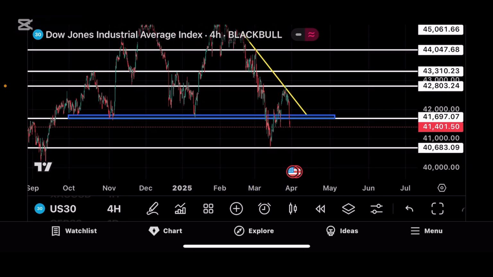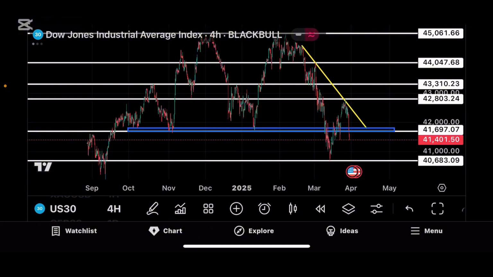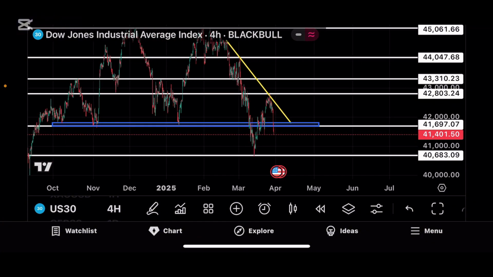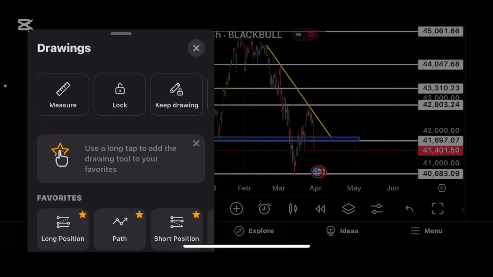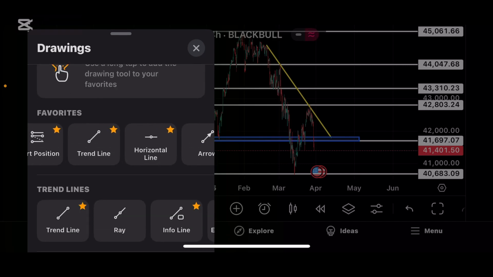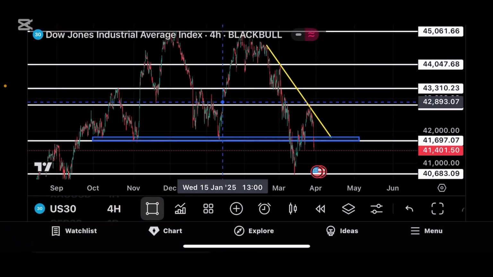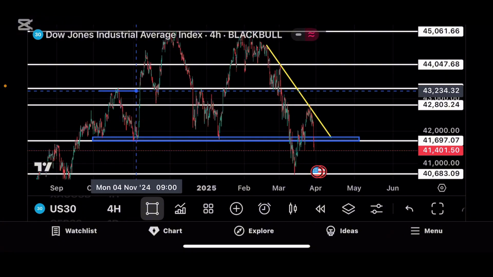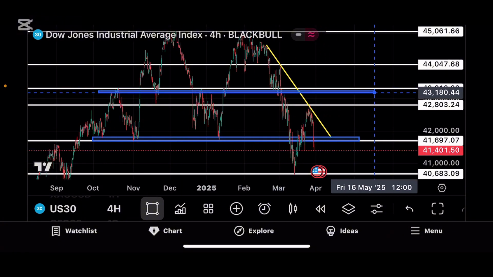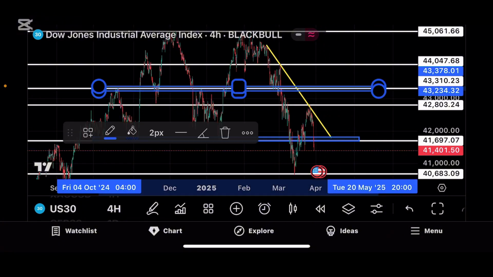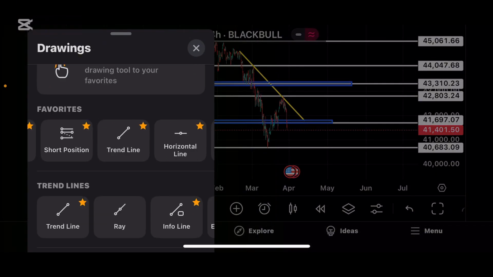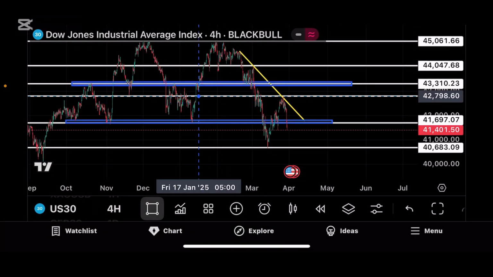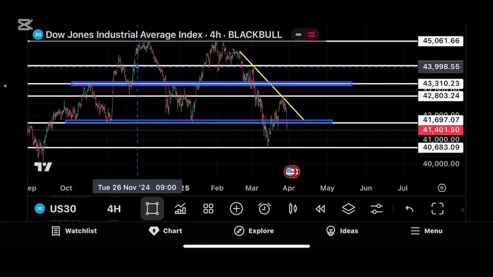So we're just gonna highlight that, and then we have structural points here, structural points here. So basically you can see where the market structure is, right? And these points have been broken currently. I can also highlight this one, but it's not really that big of a thing.